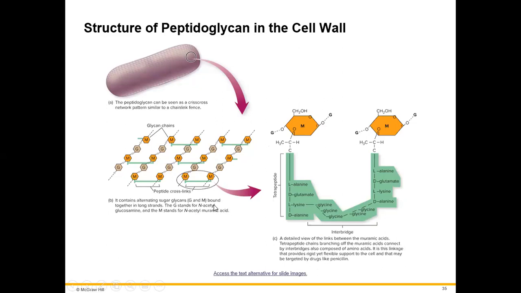And acetylglucosamine is a sugar with an amino acid hooked to it. And you can see that the short little chain of peptides, which are amino acids, help to cross-link. So you have one chain here, then another chain, another chain, and amino acids help to hold the chains together.